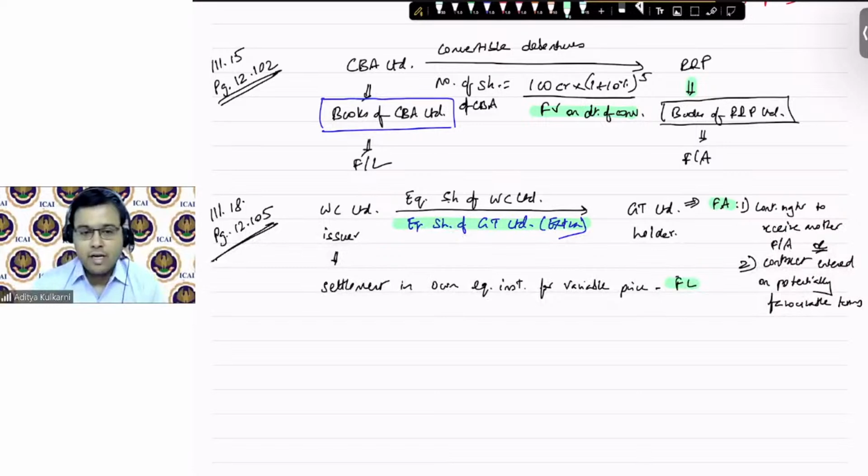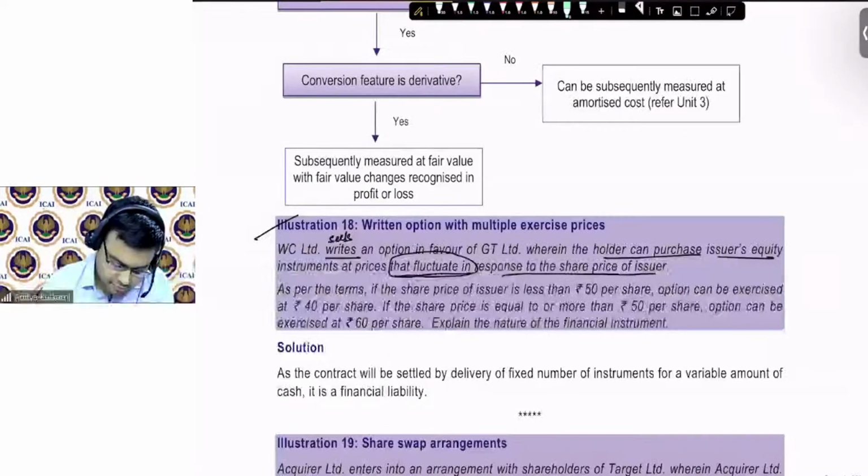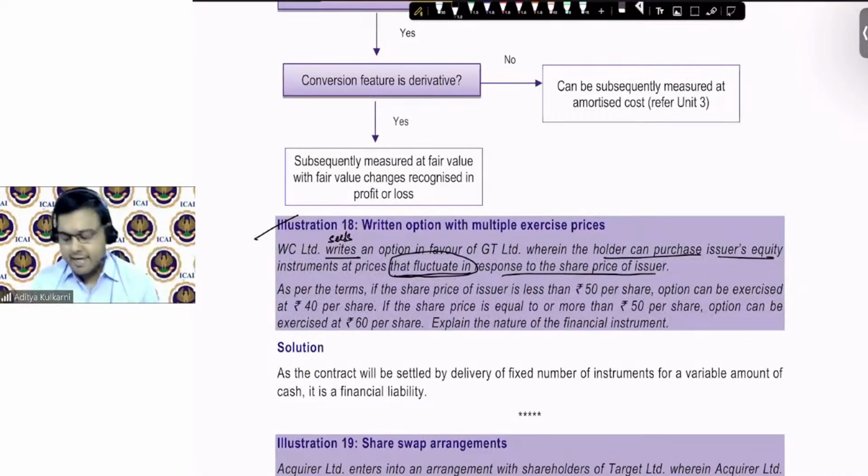So there won't be any change in the classification, even if you change the settlement in equity instruments. You could take it as WC or GT. If it is variable for both of them, then it will be a financial asset and a financial liability.